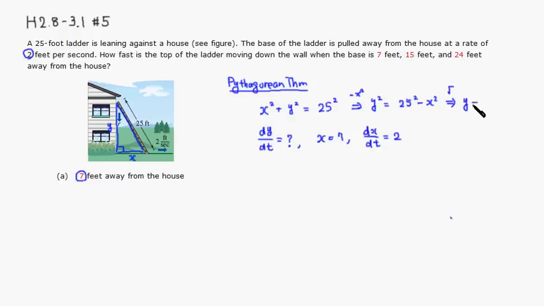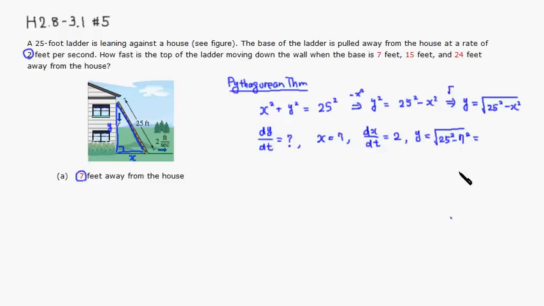Y is equal to the square root of 25 squared minus x squared. Since y is positive, we don't have to worry about the negative sign. For part A, x is 7, so 7 squared.